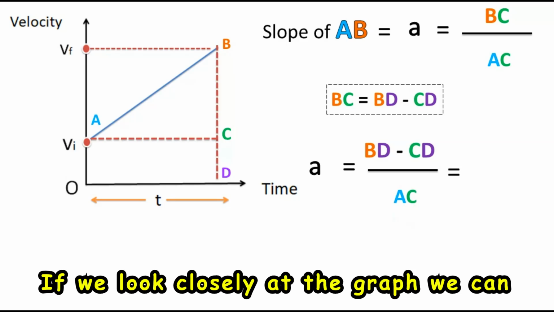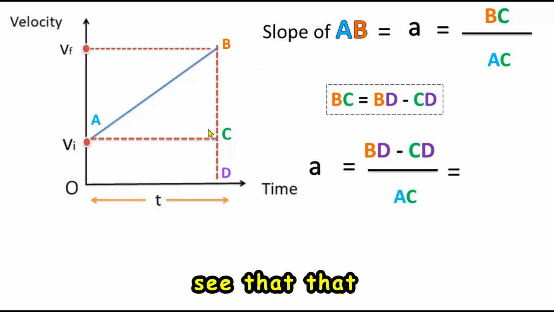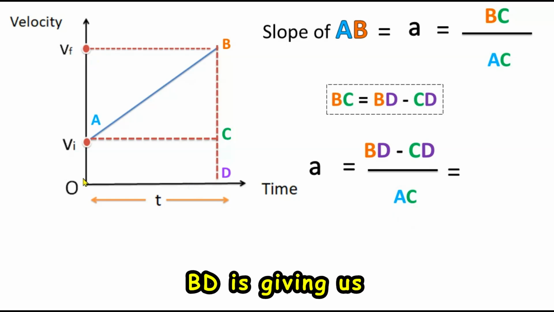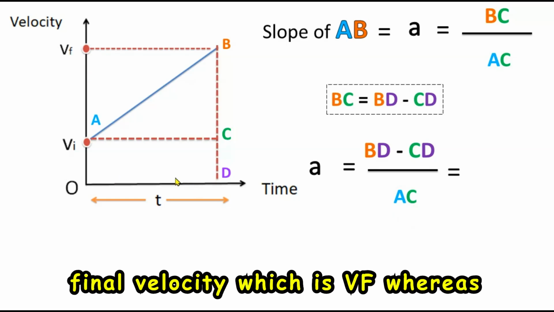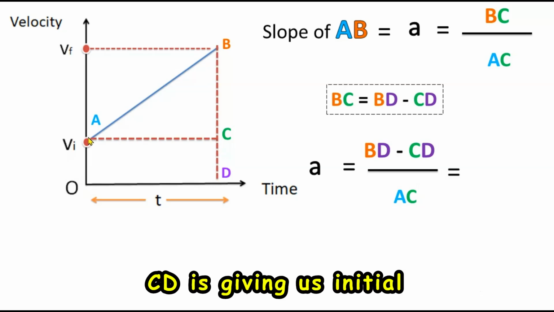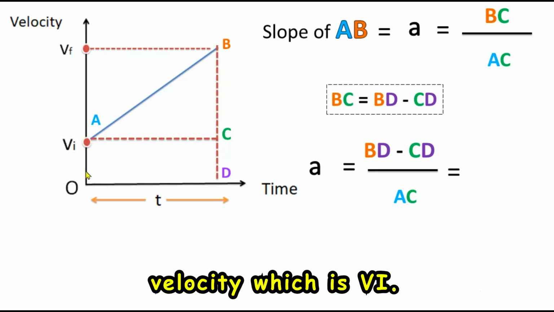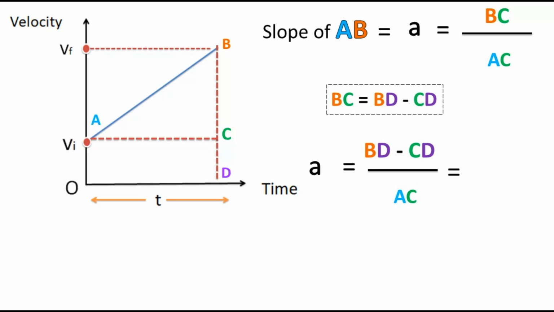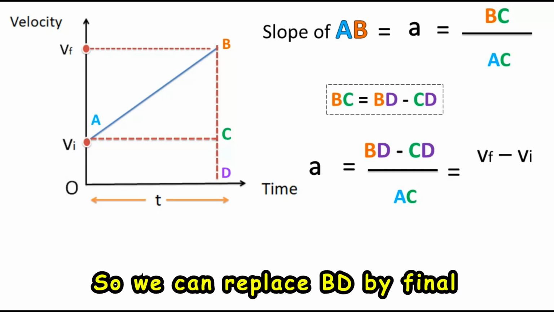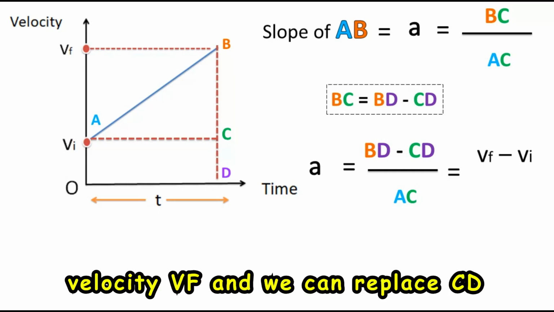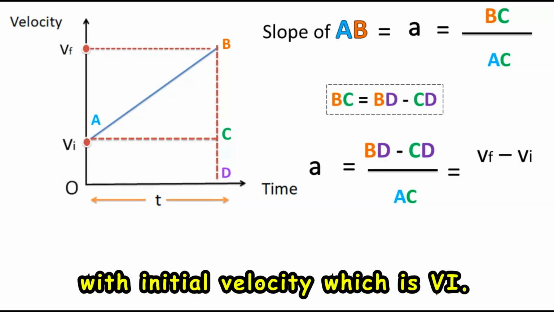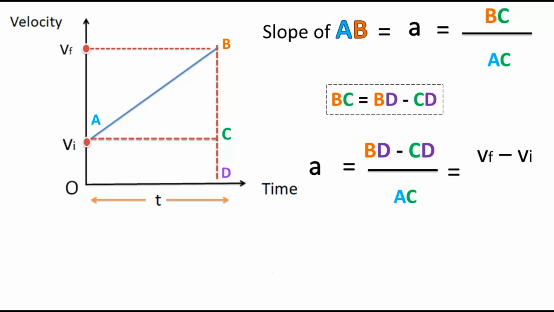If we look closely at the graph, we can see that BD is giving us final velocity, which is Vf, whereas CD is giving us initial velocity, which is Vi. So we can replace BD by final velocity Vf, and we can replace CD with initial velocity, which is Vi.